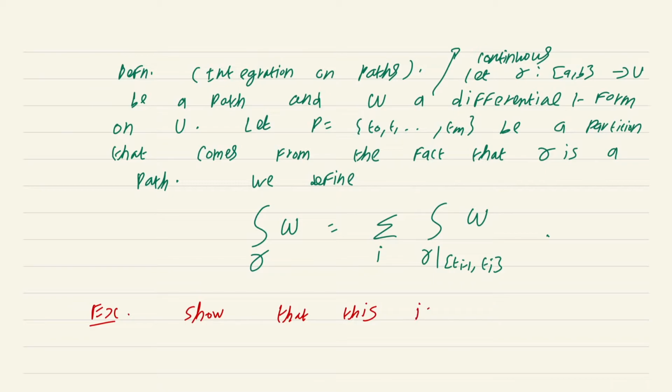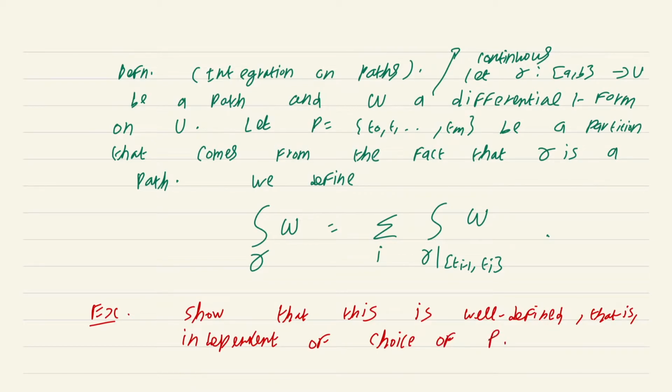Show that this is independent of choice of P. Okay, so this is the definition of the integral of a continuous differential one form along a path.